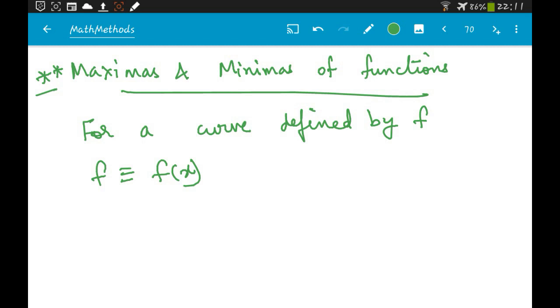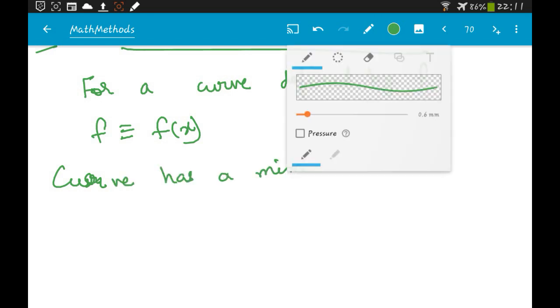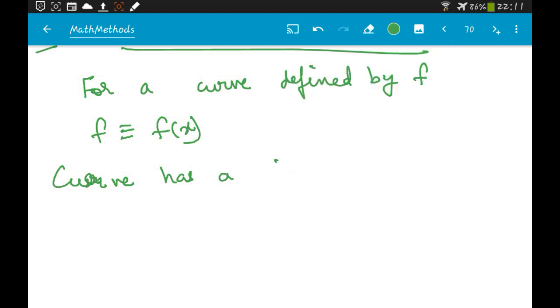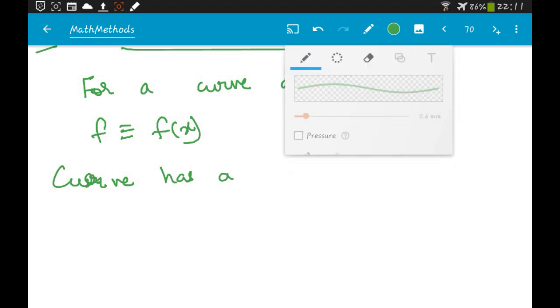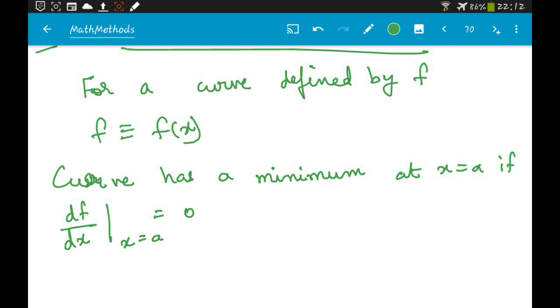So these are the following conditions. The curve has a minimum at x equal to a if df/dx at x equal to a gives you 0. Okay, this is one condition.